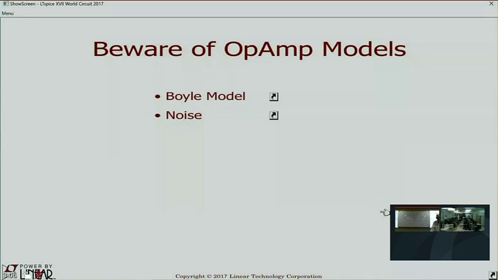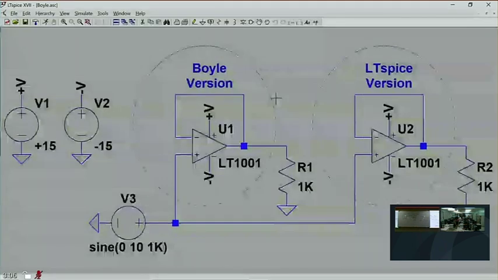For example, if you look at the pin currents of a Boyle model implemented op-amp, you can fairly come to the conclusion that the Boyle model feels that Kirchhoff's law is just a recommendation. Okay, that's the problem.